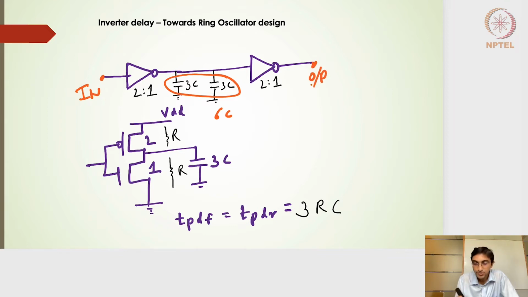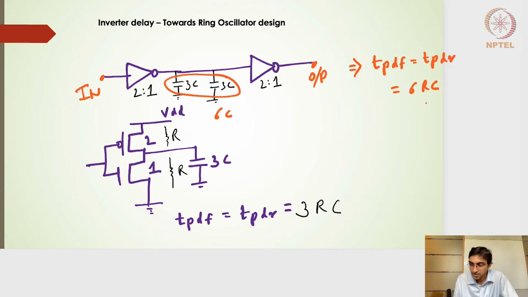I'm going to write it like this: O/P is the output. So I will get a propagation delay where TPDF is equal to TPDR, and this will be equal to 6RC.